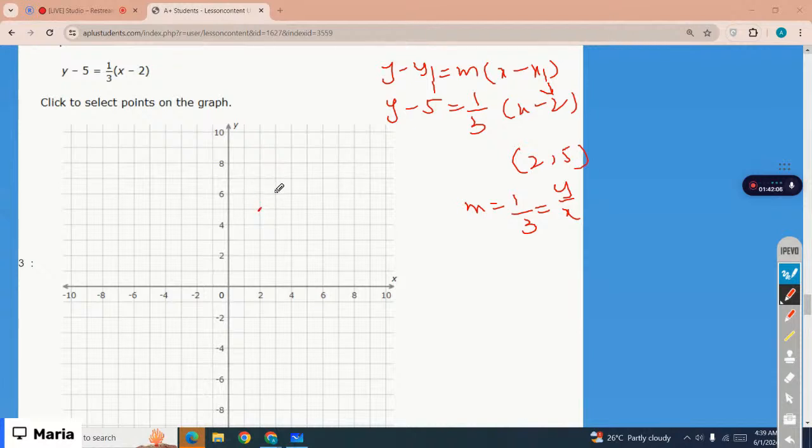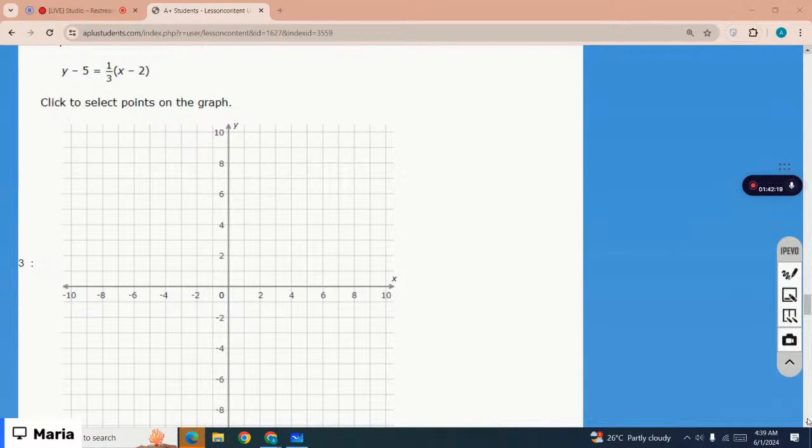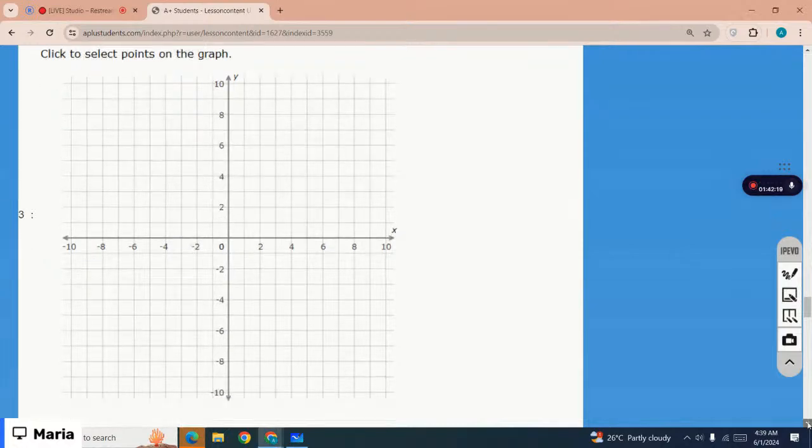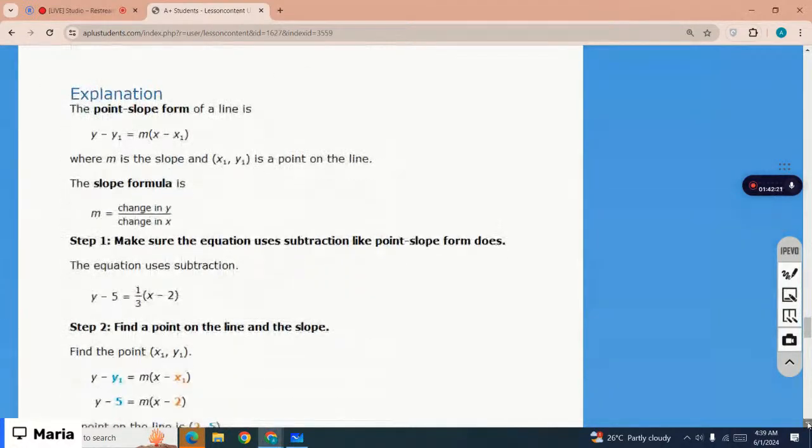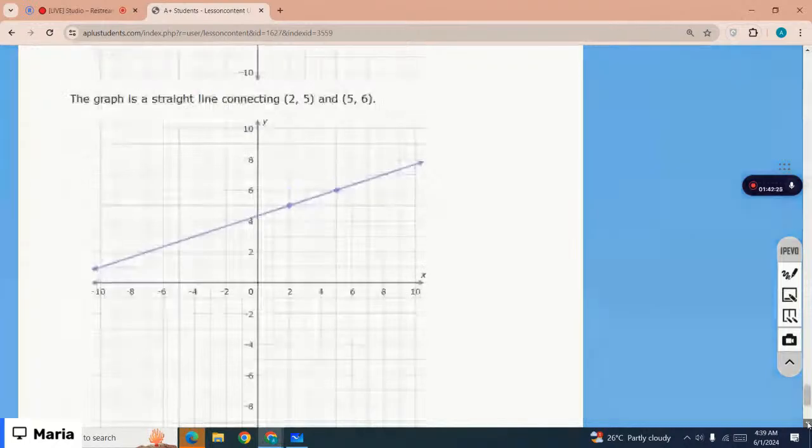So up 1 and right 1, 2, 3. So you have another point here. You just have to join these two points and make a straight line. Got it? The graph looks like this.